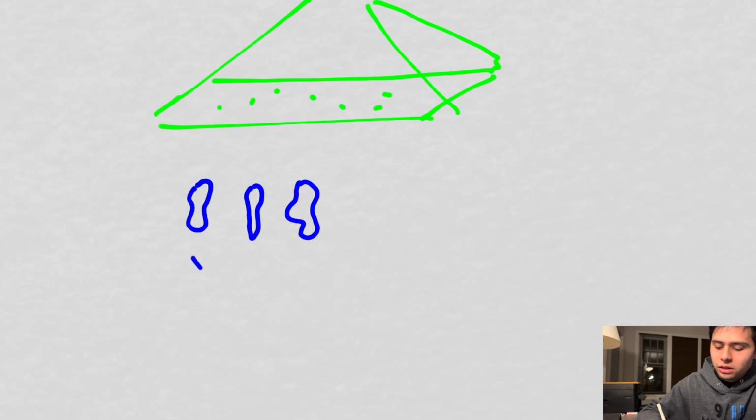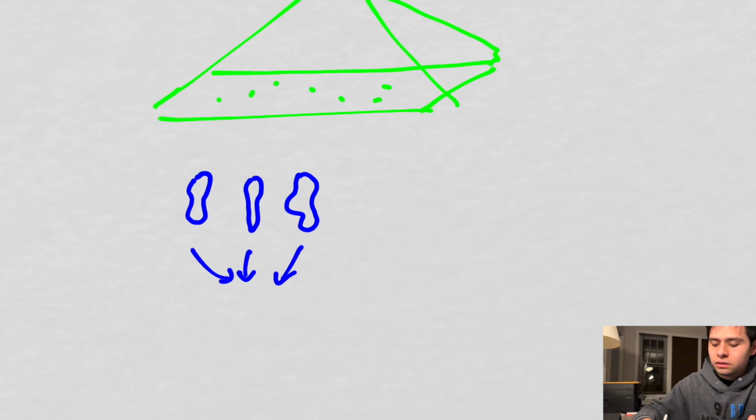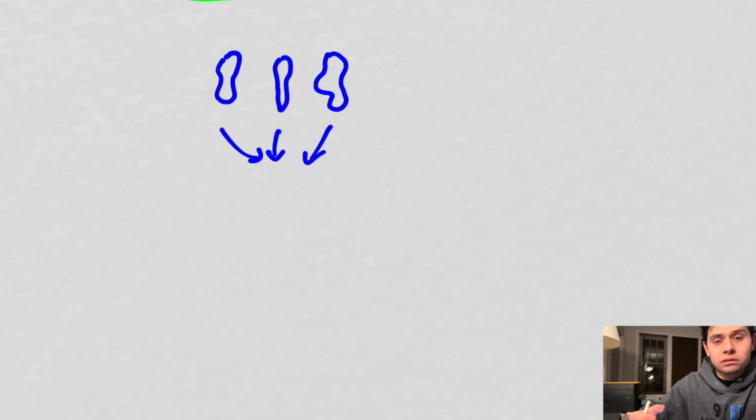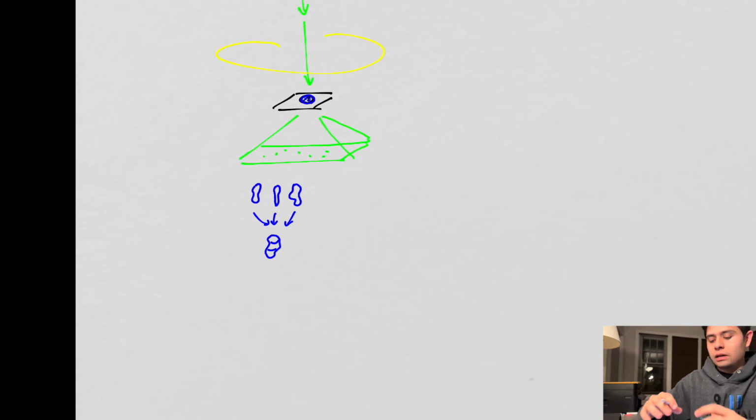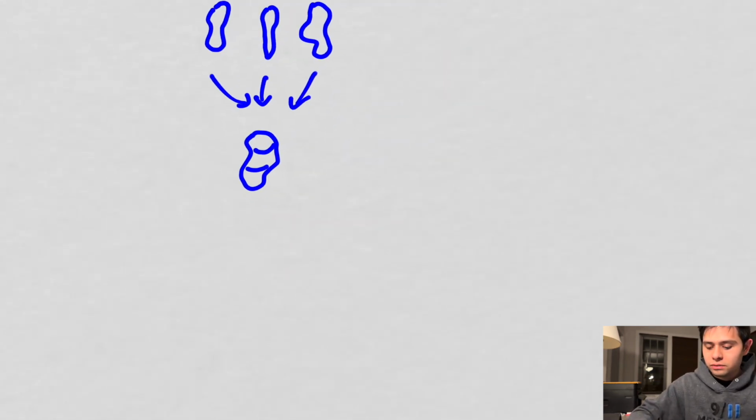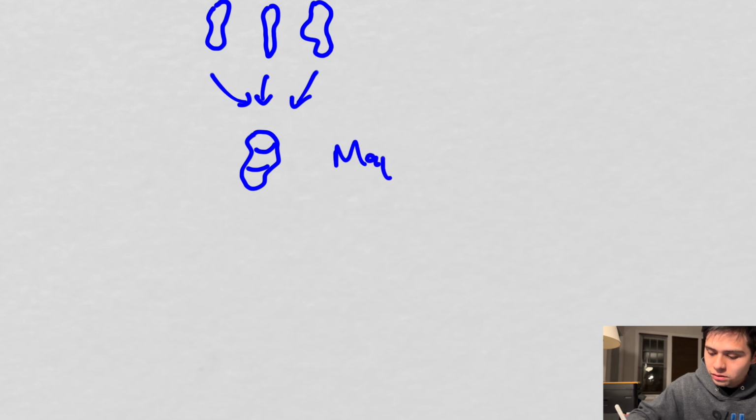You sum them all up in a three-dimensional way, and what you get is a three-dimensional protein, right? So it's my feeble attempt of drawing a three-dimensional structure. And that's what's called a map, right? So this is a map of the protein.